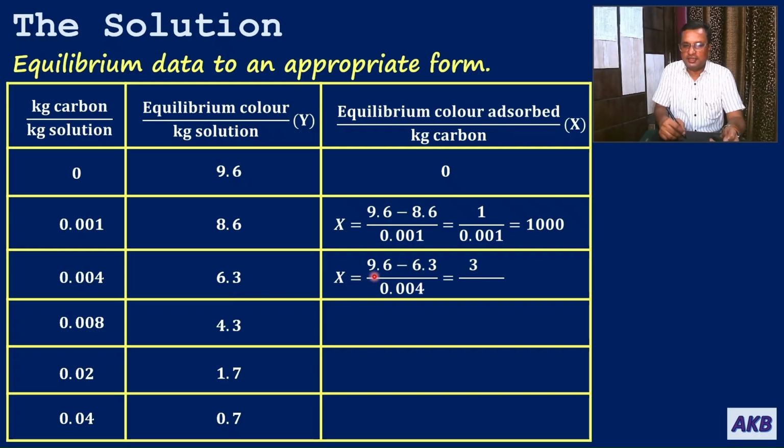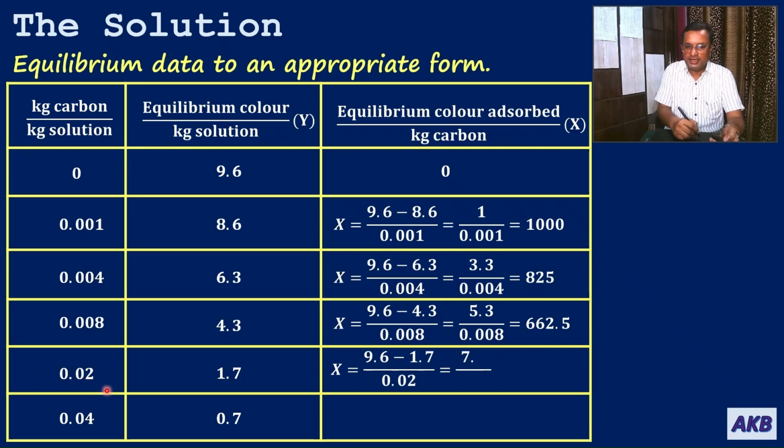In this case, capital X will be 9.6 minus 6.3 divided by 0.004, which is 3.3 divided by 0.004. That is 825. Then for the next reading, when you add 0.008 kg of carbon, the color intensity reduces from 9.6 to 4.3. So capital X will be 9.6 minus 4.3 divided by 0.008. That is 5.3 divided by 0.008, which is equal to 662.5.